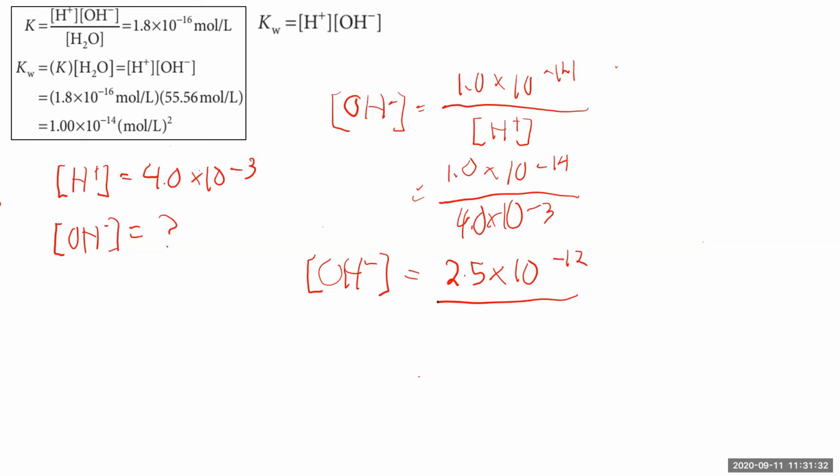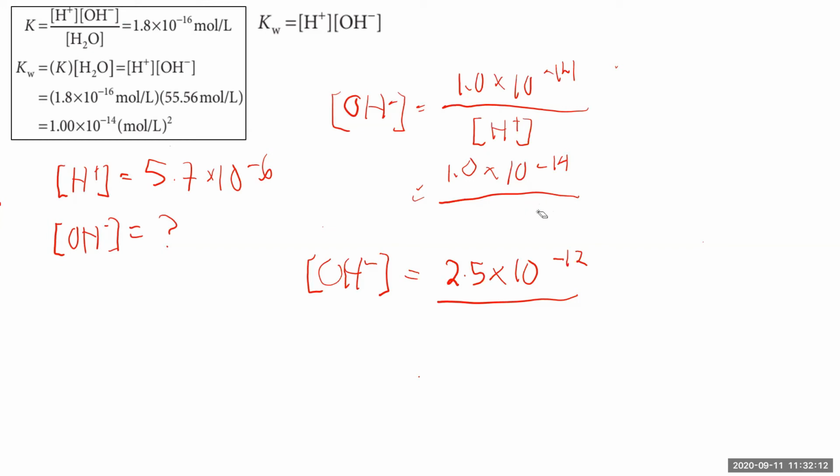Now another example, if you have another value of the hydrogen, 5.7 times 10 raised to the power of negative 6. Now, what is the value of the hydroxide ions? So, same still. We use the same formula and we change the value for the hydrogen here.